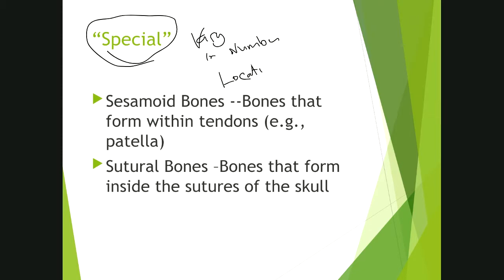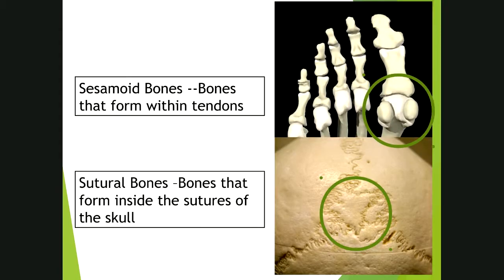So one of the places they can be found is between the joints of the skull. So here are the joints of the skull, and those joints are called sutures. So these are called sutural bones. If you look at this bone right here, that is not normal. That is not the way most people's sutures are.